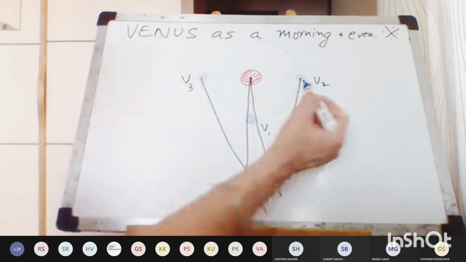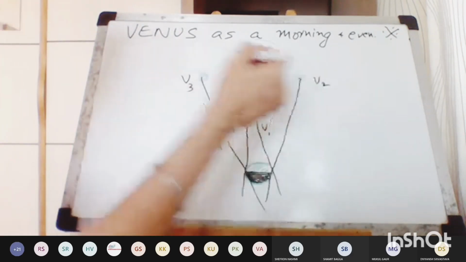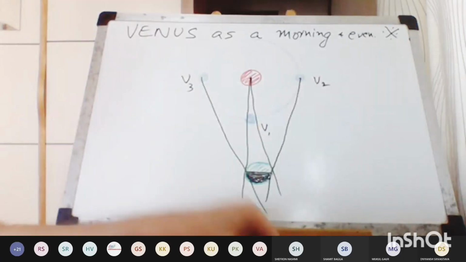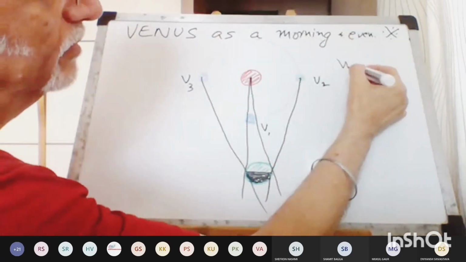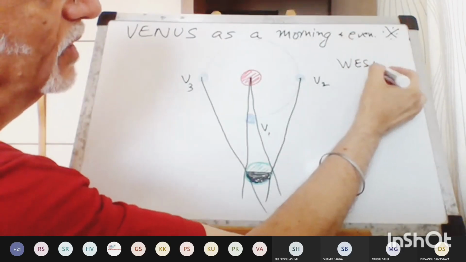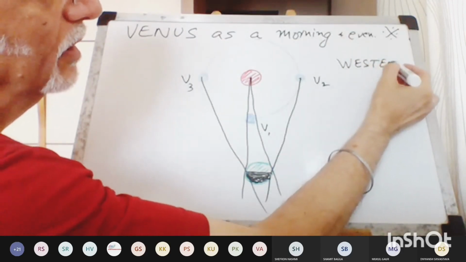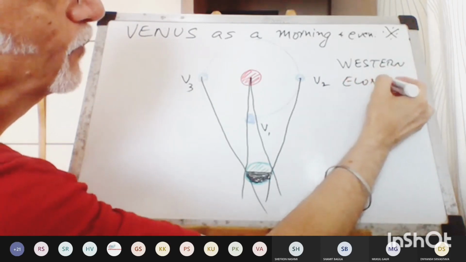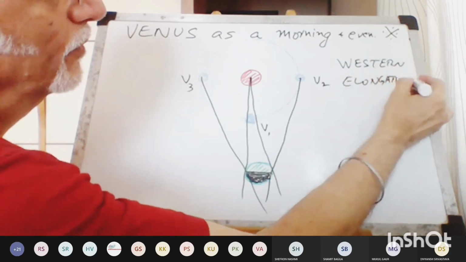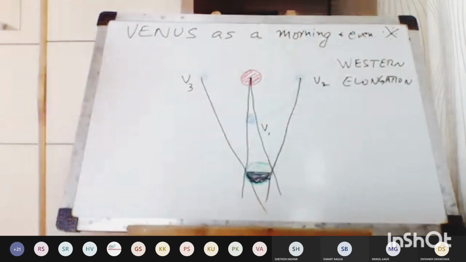This position of Venus is known as western elongation. Why it is known as western elongation, I will explain in a moment. Why is it known as western elongation?